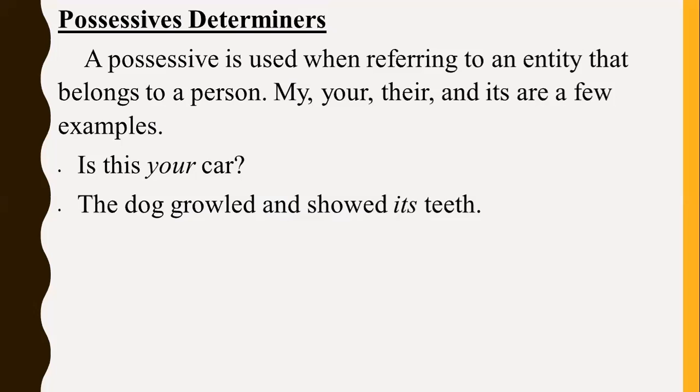Then the second sentence: the dog growled and showed its teeth. So we have your in the first sentence as a possessive determiner and its in the second sentence as a possessive determiner as well.